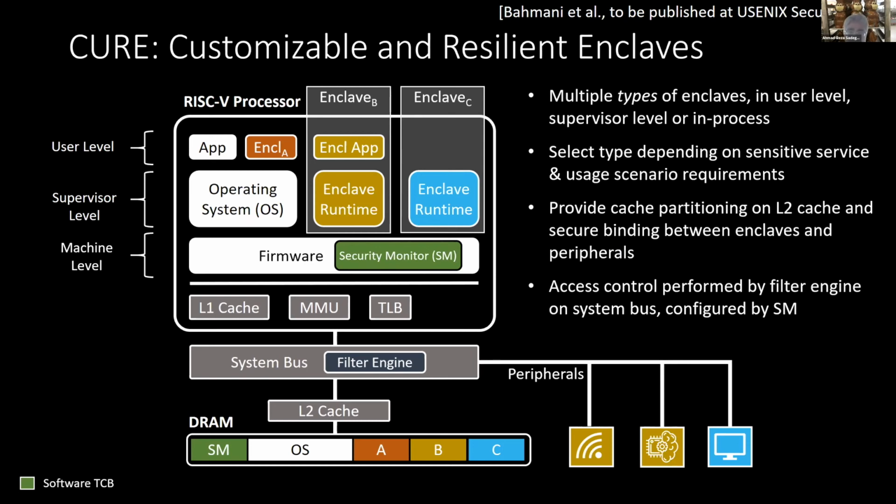To protect it by means of an enclave. So as you see, this filter engine on the bus, with a very simple logic, provides access control to all peripheral devices. These peripheral devices can be anything, for example, an AI chip, an accelerator. And then you can assign any enclave directly to the peripheral over a secure channel between the enclave and the peripheral.